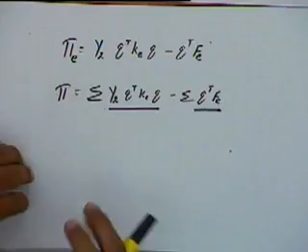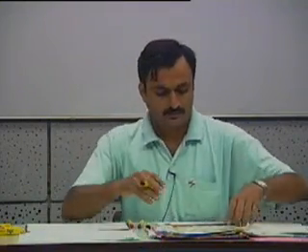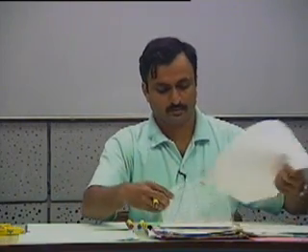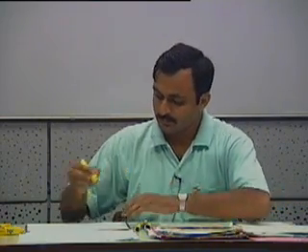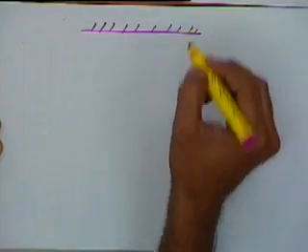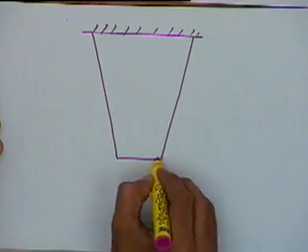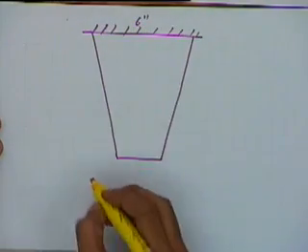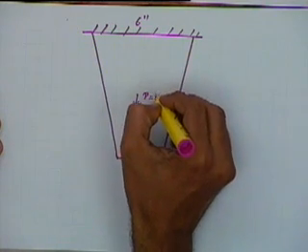Okay, so if we take a simple example, okay, let us say this width is 6 inches, at the center point is a force acting, P equal to 100 units.